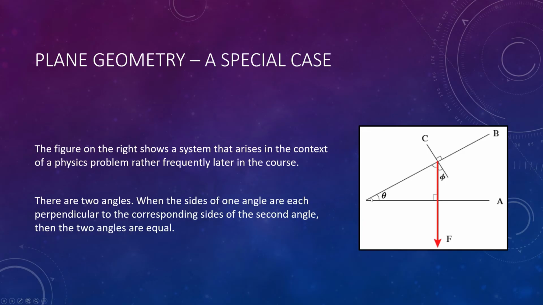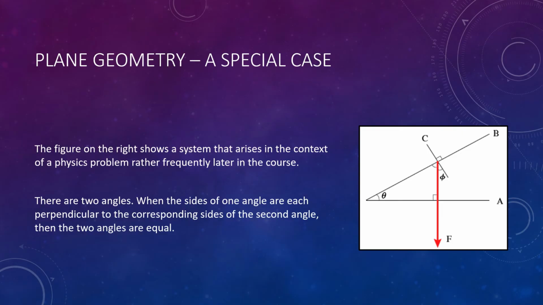This line moving along A is perpendicular to this line F, and the top line B is perpendicular to the line C. Anytime you have this situation where both sides of your angles are perpendicular to one another, the two angles, theta and phi, will be equal to one another.